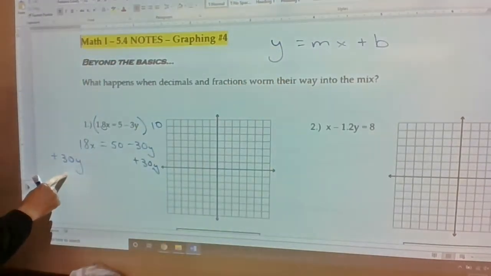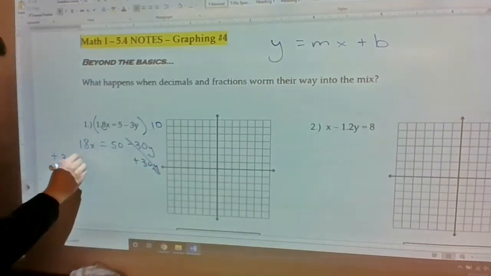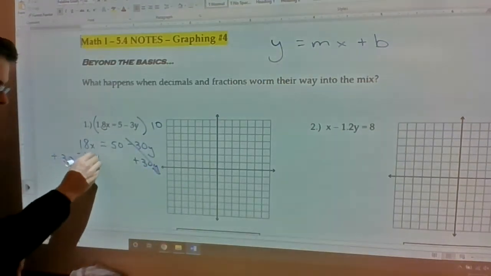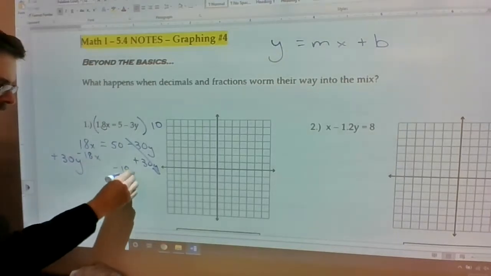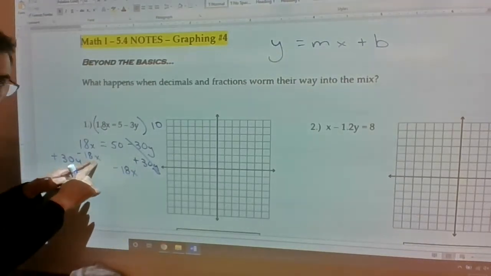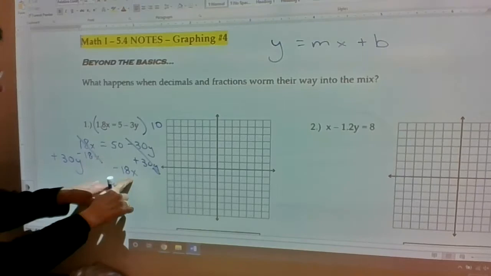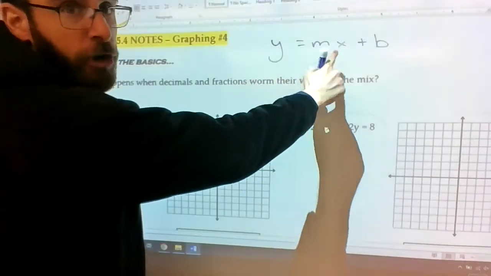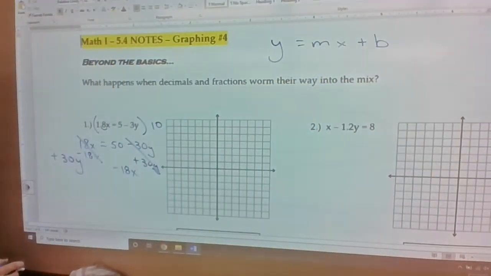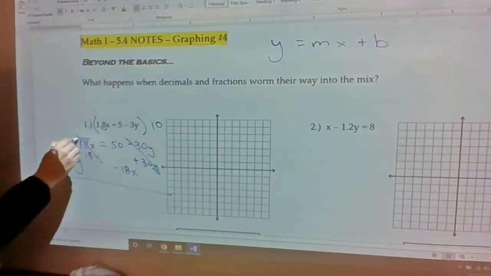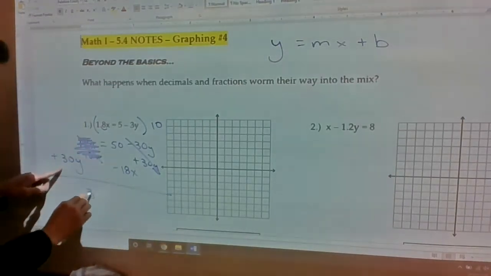And I'm going to subtract 18x as well. So now my 18x is no longer on the left, but it's on the right, just like the x is on the right for our slope-intercept form. So now that this is completely gone, I'm left with 30y.